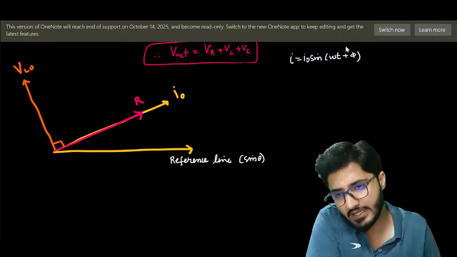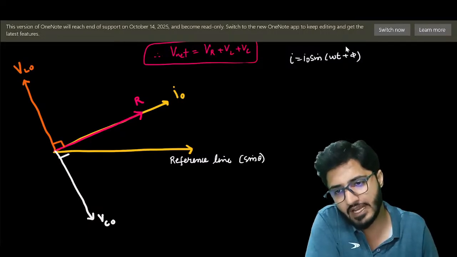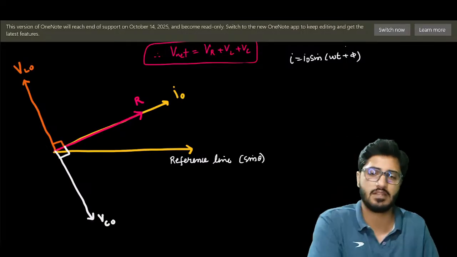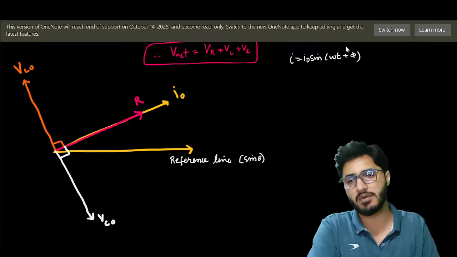Capacitor will be like this. VC naught lags by 90 degrees, right? Okay. This is my phasor diagram, and this angle is phi.